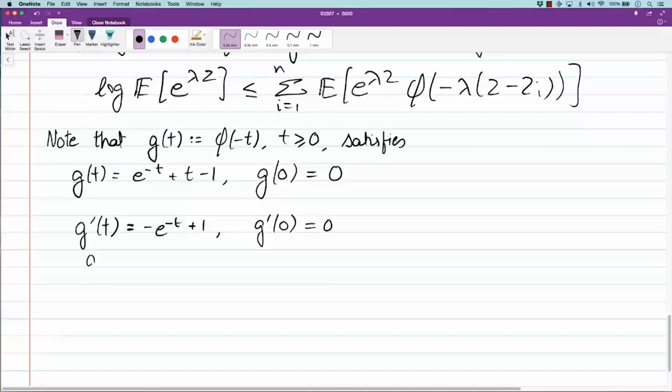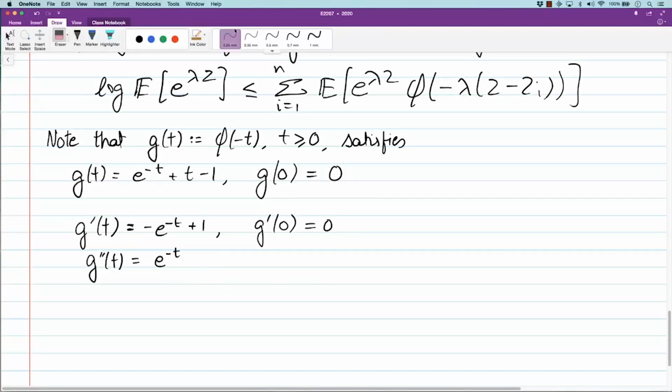And the second derivative is e to the power minus t.